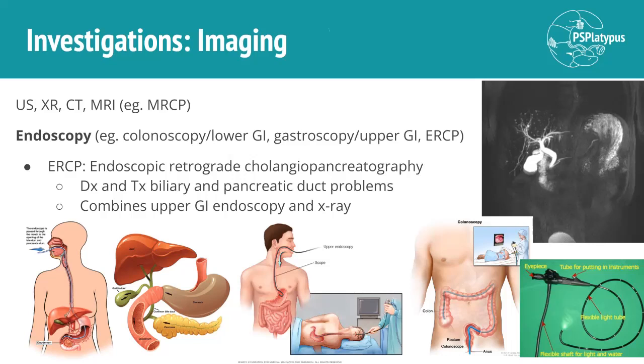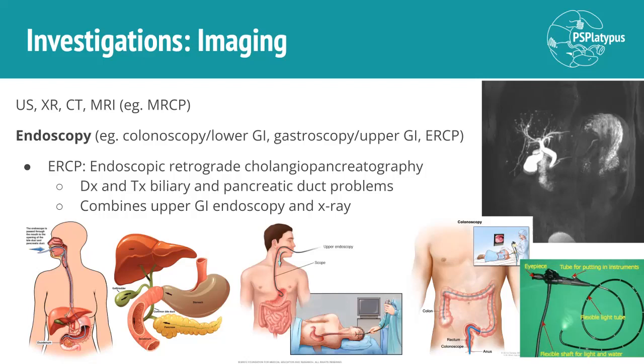Okay. But really, when we're talking about GIT imaging, a lot of the time we're thinking about endoscopy. So you can have upper GI endoscopy, which is looking at the upper GI tract by inserting a tube down the mouth, down the esophagus, and into the gastrointestinal tract. And we also have lower GI endoscopy, so that would be things like your colonoscopy, where you're going via the anus and having a look to see if there are any observable abnormalities.